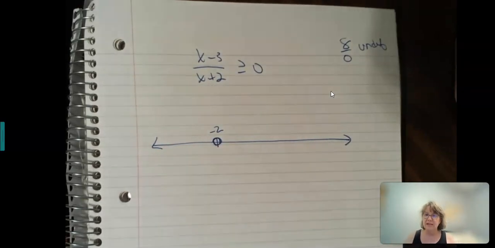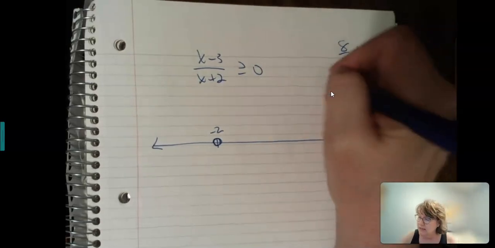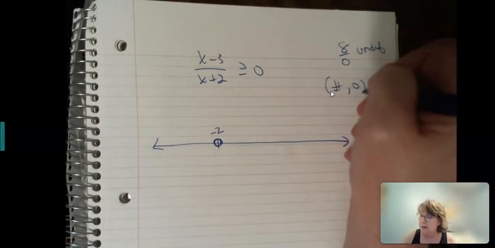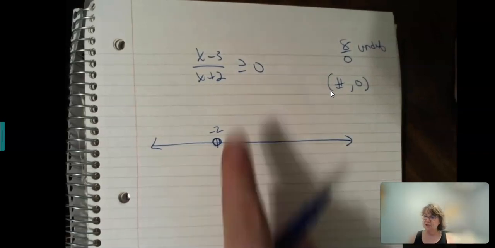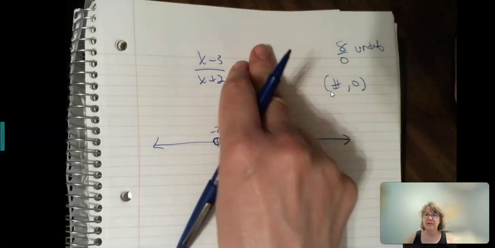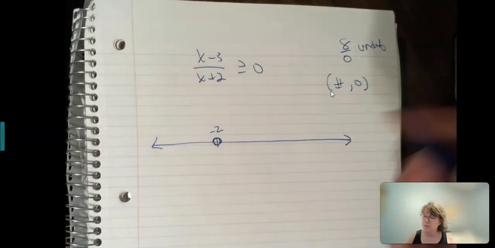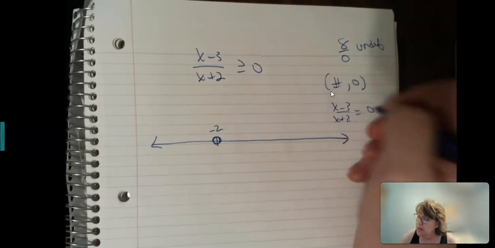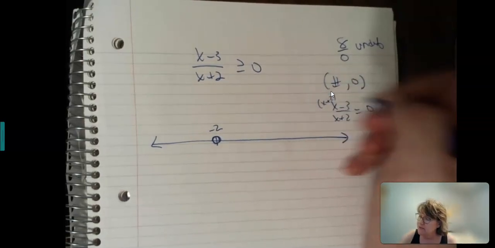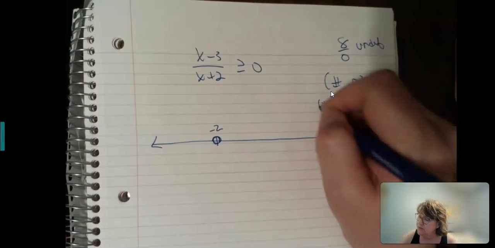All right, what else do we have going on the x-axis? Well, we have x-intercepts, okay? And remember, an x-intercept has to have a number in the x spot and a 0 in the y spot. So if I view this as a function, I want to know when this function equals 0, and we did that earlier. The inverse to get rid of division is multiplying.